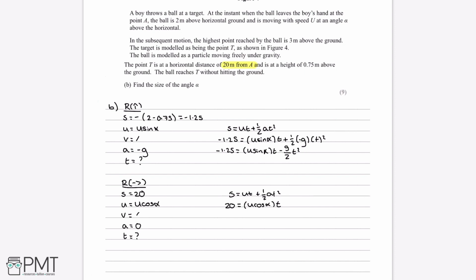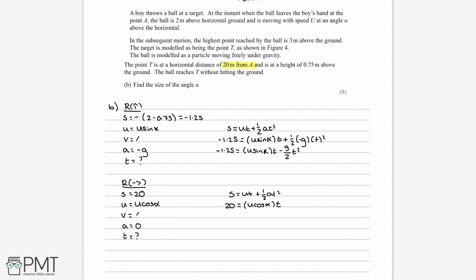However, if we look at this equation here and this equation here, we can see that they both have a t in them, but we don't want t in our final answer because we're trying to find alpha. And so a good way to cancel out these t's, as well as bring these two equations together, is to substitute in for t.